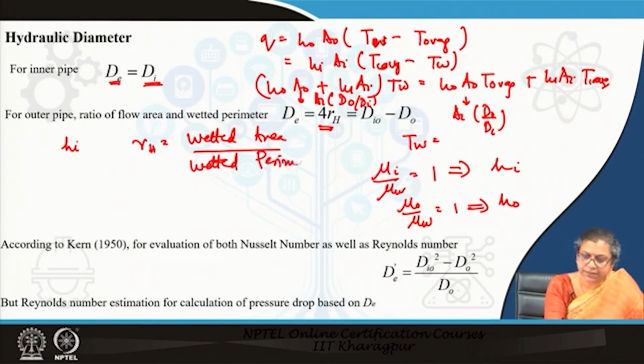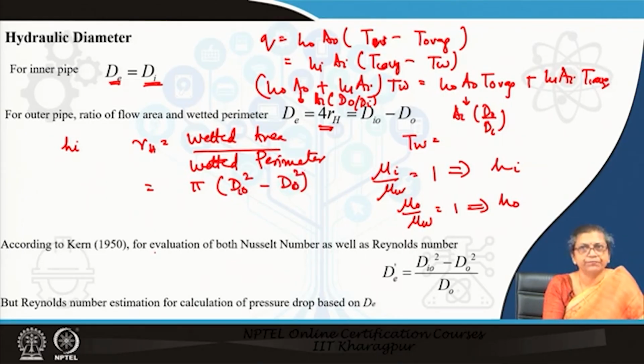So, therefore, in this particular case we know what is the wetted area. It is naturally pi times DI square minus DO square, is it not. So, therefore, the cross sectional area which is occupied by the annular fluid.